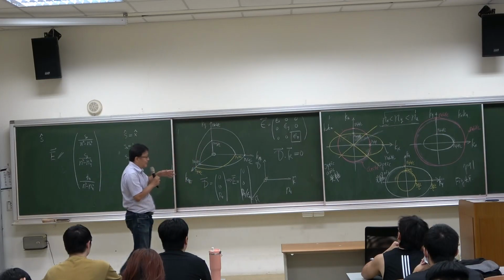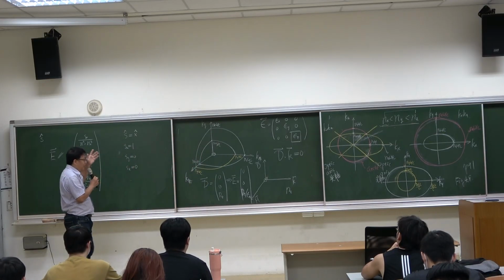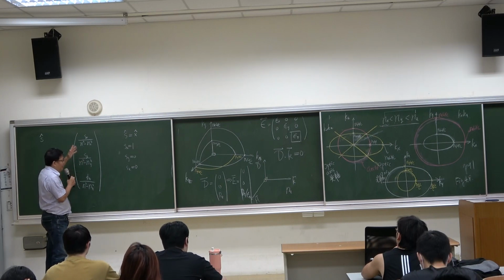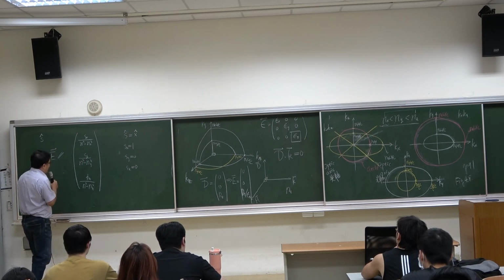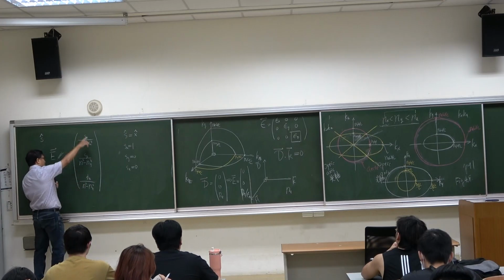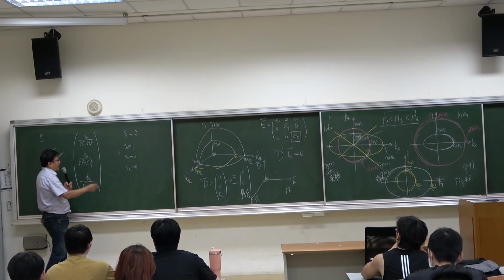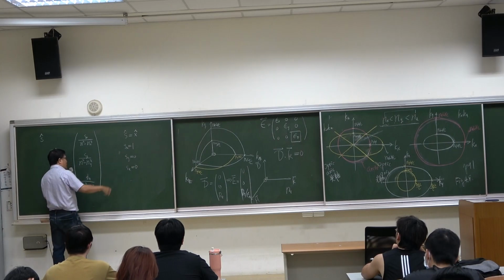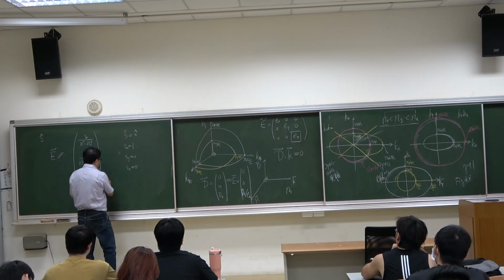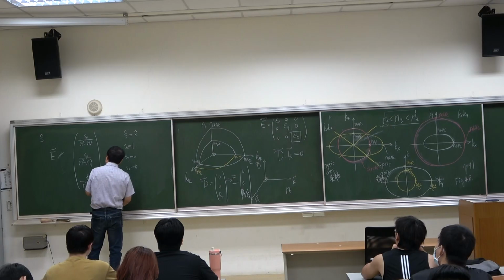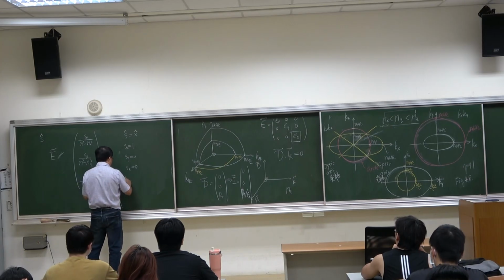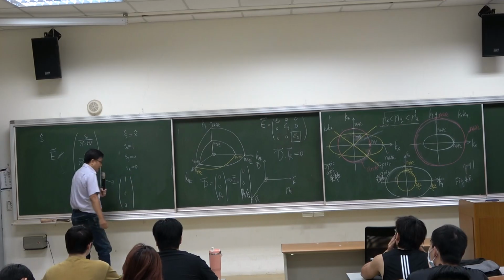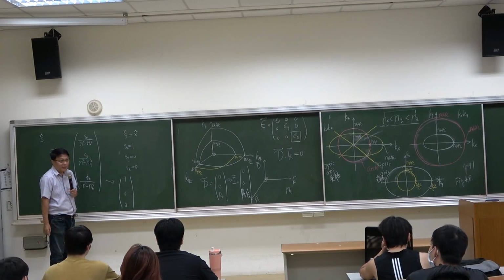So this means that we have E along the y direction or along the z direction. However, when you see this result, if you substitute Sx equal to 1 and Sy, Sz equal to 0, you may conclude that E is along this direction, but this is incorrect.